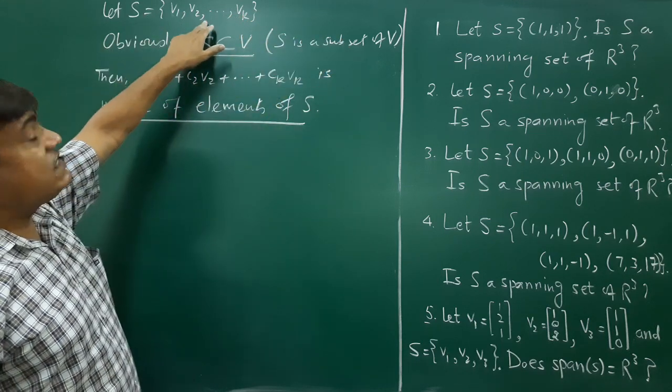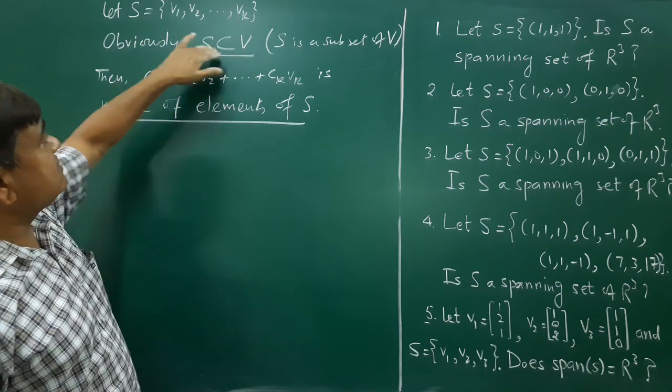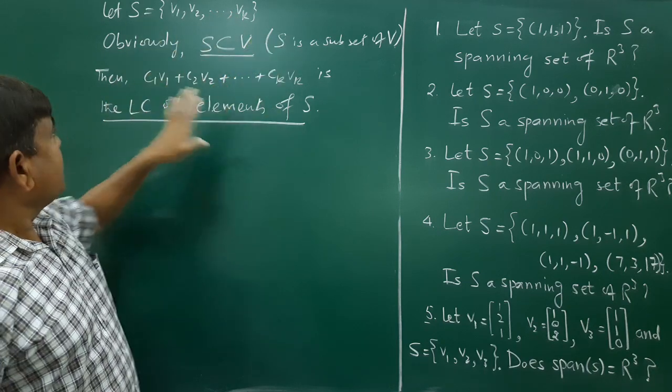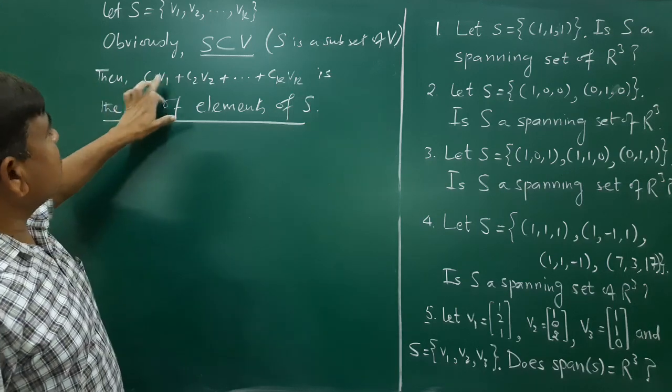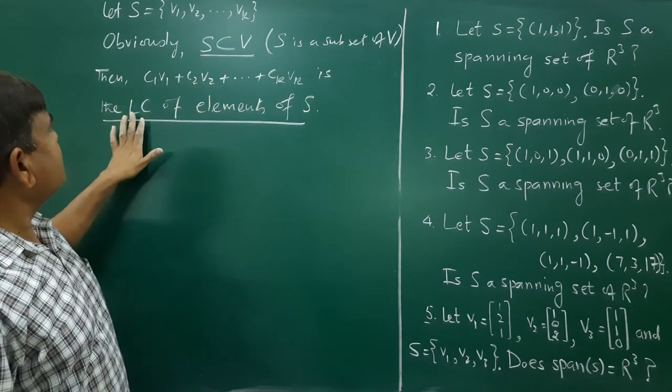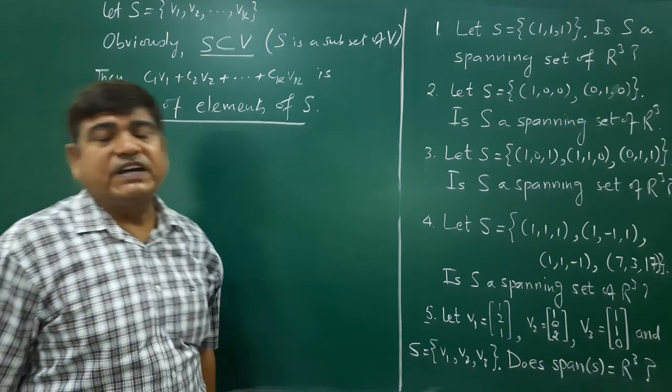So if this is a set having these members, obviously this is a subset of V. This expression is a linear combination of elements of S.